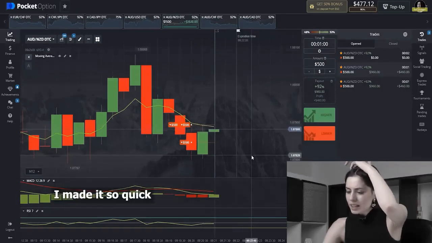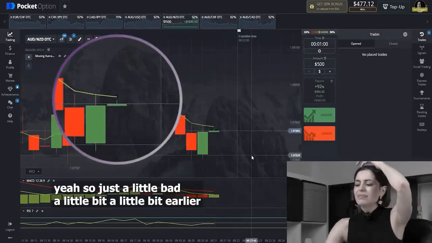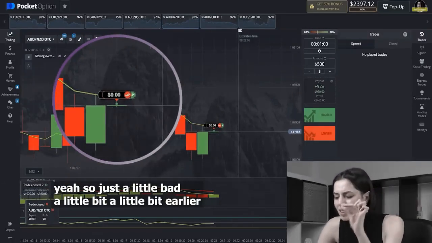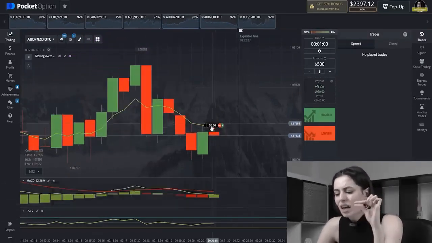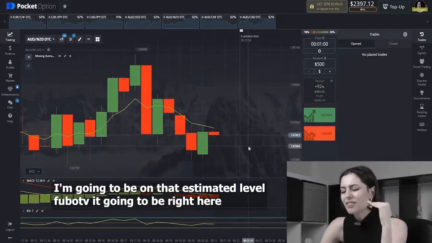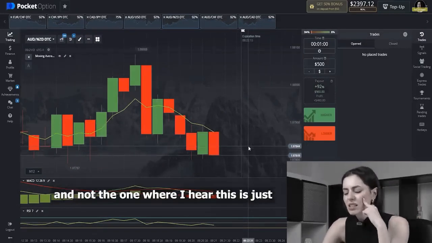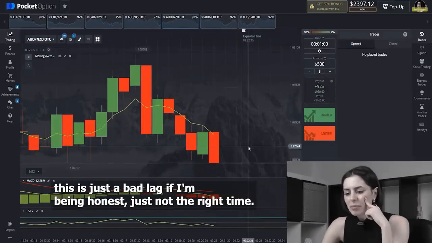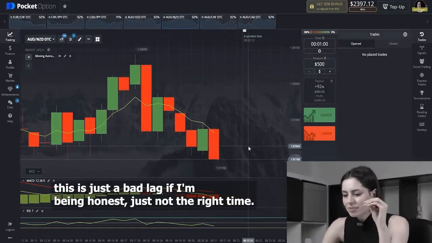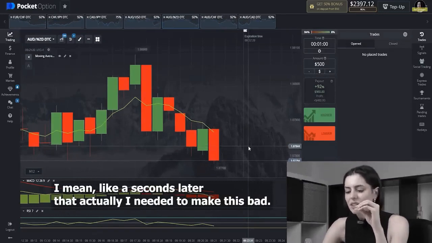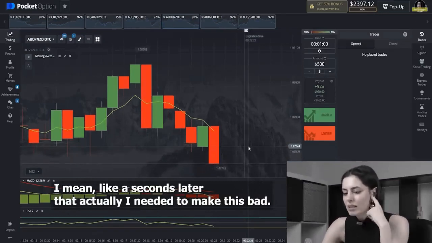I made it so quick. Yeah, just a little bit earlier, I'm going to be on that estimated level. A few bets of it are going to be right here and not the one right here. This is just bad luck, if I'm being honest. Just not the right timing, I needed to make this bet seconds later.